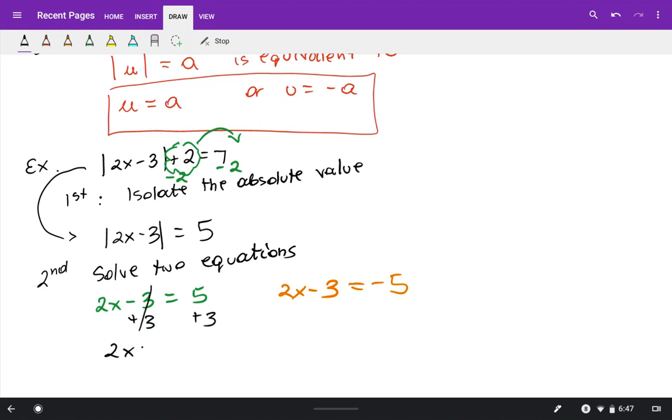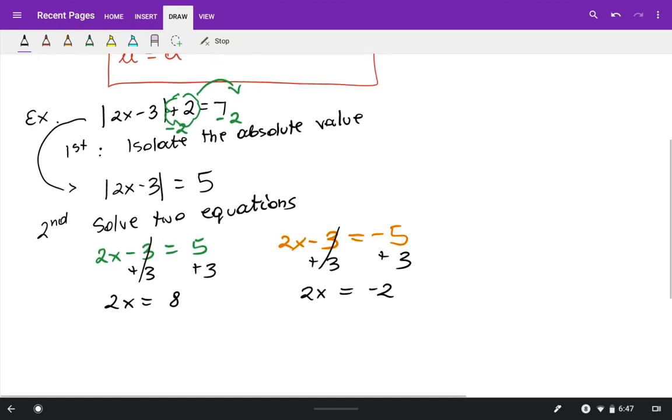So we have 2x equal 8 plus 3, and we have 2x equal -2. Divide each by 2, and this is x equal 4, or here we divide everything by 2, x equal -1. So we have two solutions.